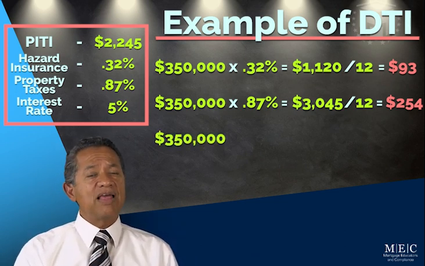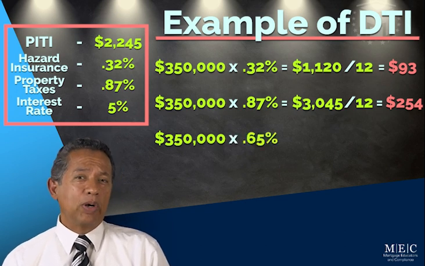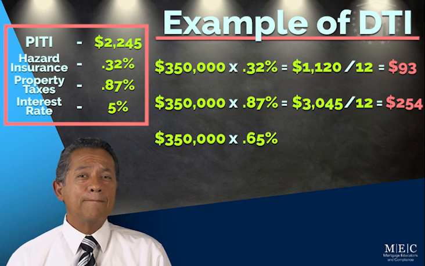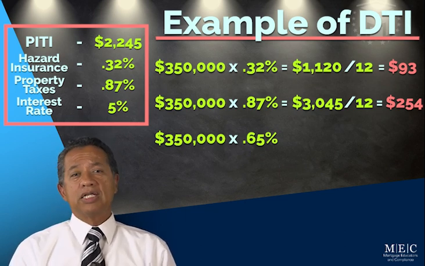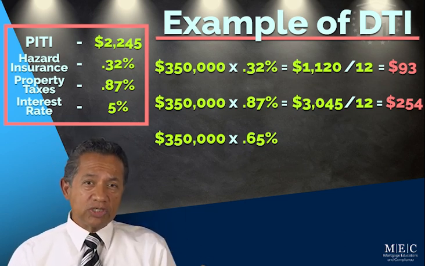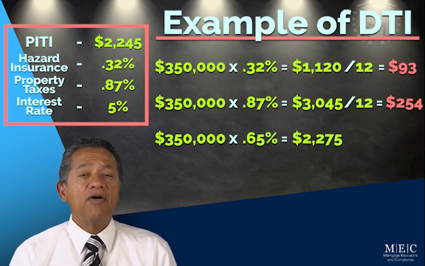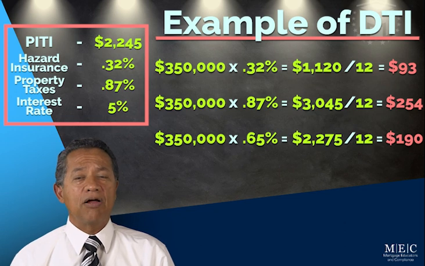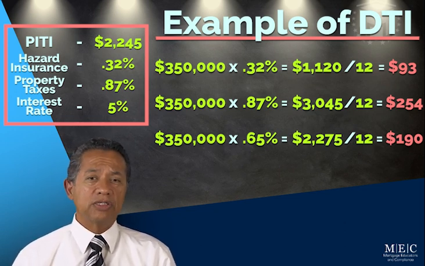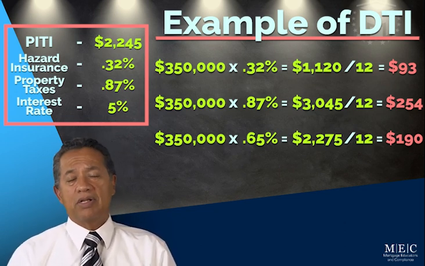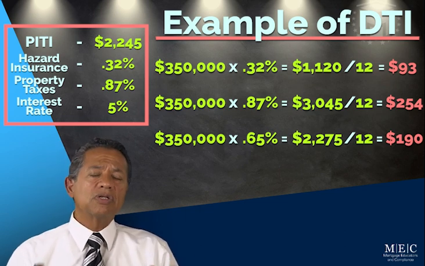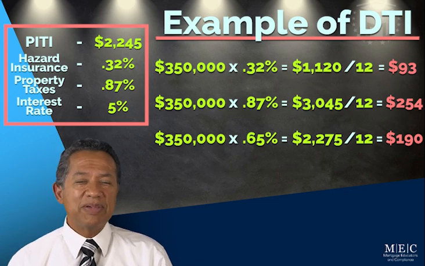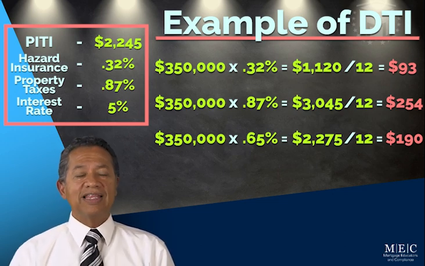Take the $350,000 times 0.65, because the down payment, remember, was not enough to eliminate mortgage insurance. So let's say 0.65 is a mortgage insurance factor, $2,275 per year divided by 12 equals $190 for monthly mortgage insurance. Now, it's estimated based on the down payment and FICO scores; there's a couple of different factors. This is not an MI class, nor are you going to be tested on mortgage insurance in the exam.